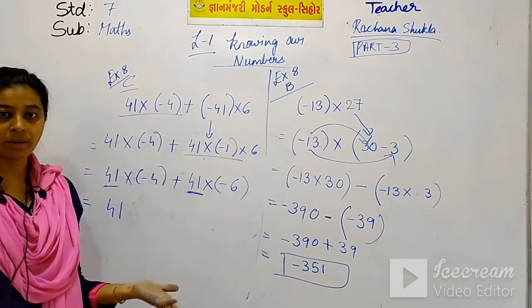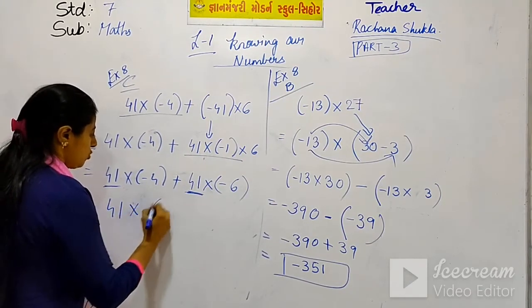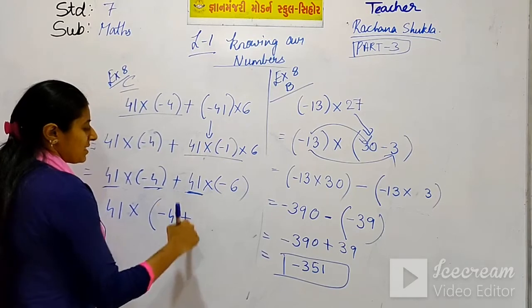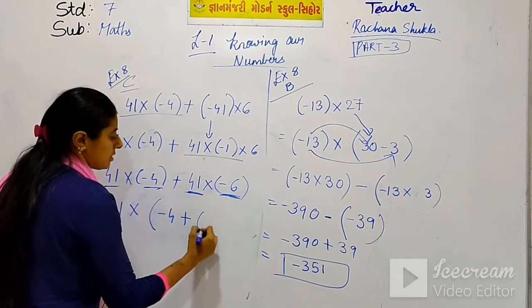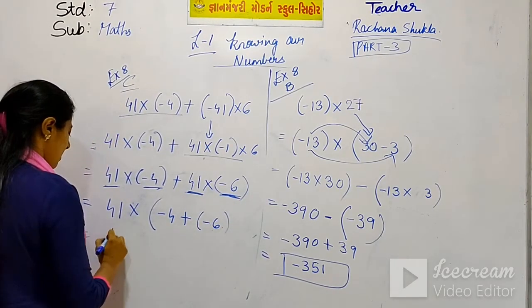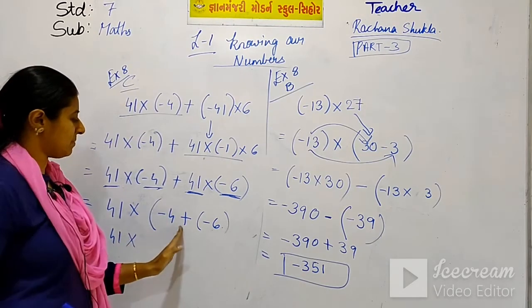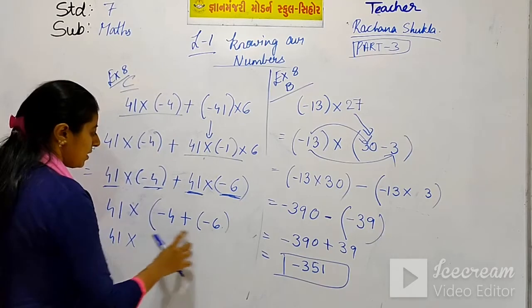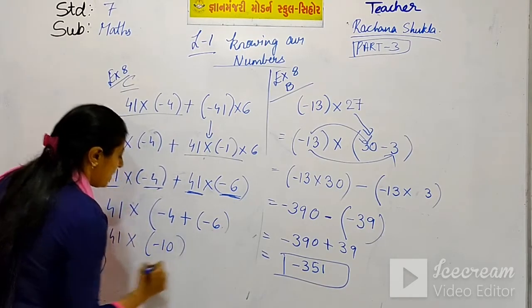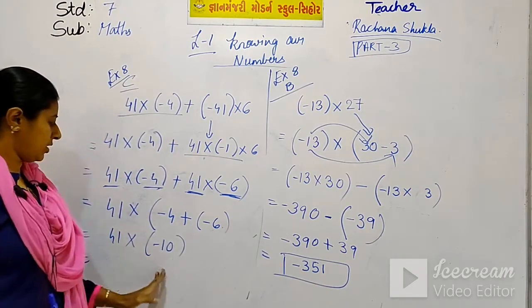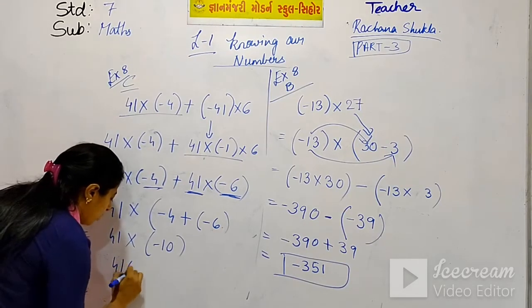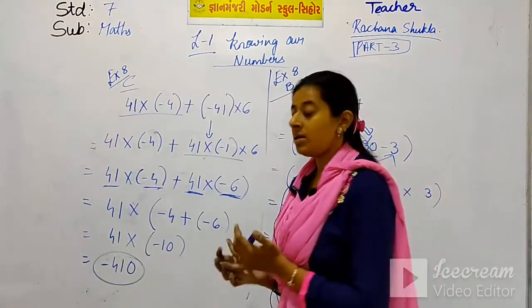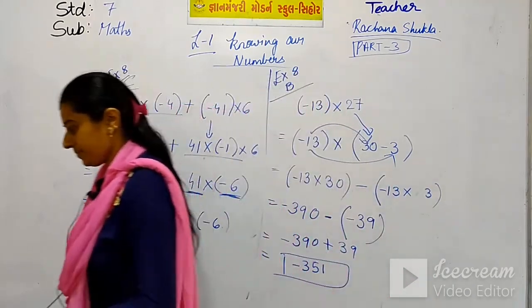Take her out common. 41 into, this is you, minus 4 plus, this is your brother or sister, minus 6. Now solve it. Minus plus minus, minus minus plus. This will be added. That will be minus 10. 41 into 10 is 410. Minus 410 is your answer.